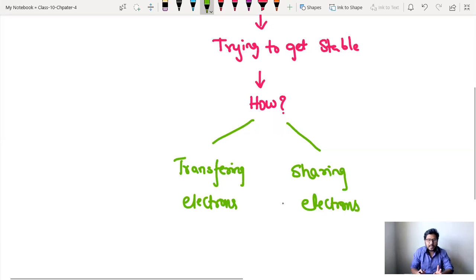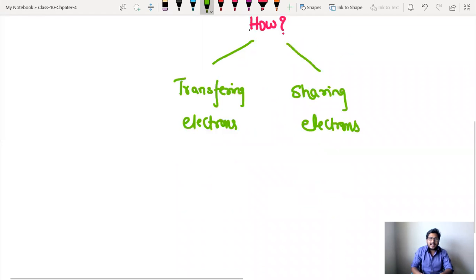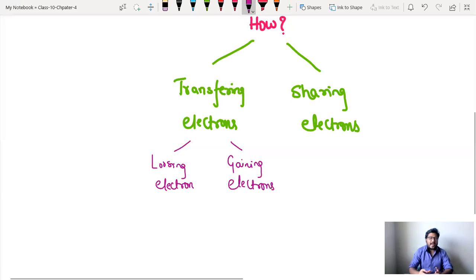Two ways are there: by transferring electrons, by sharing electrons. Transferring electrons in the sense either by losing electron or electrons, or by gaining electron or electrons. Few atoms will lose electron to get stable, few atoms will gain electron to get stable.